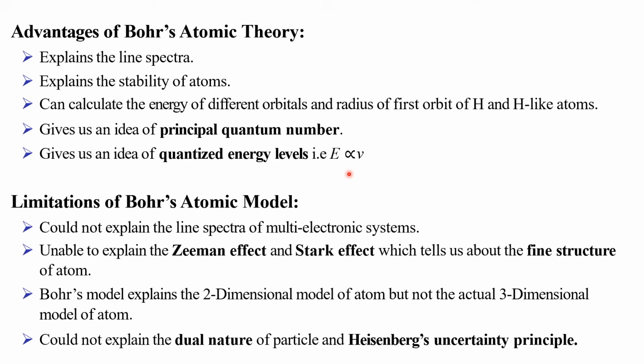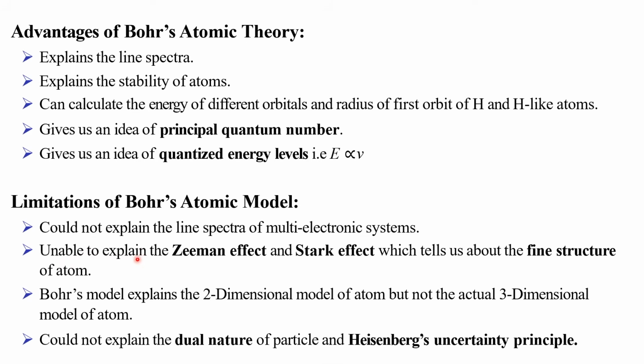Now, there are some limitations of Bohr's atomic model, such as it could not explain the line spectra of multi-electronic systems. So, for hydrogen-like systems, like hydrogen or Li plus and so on, we can apply Bohr's atomic theory, but for other line spectra, for multi-electronic systems, we cannot use it.